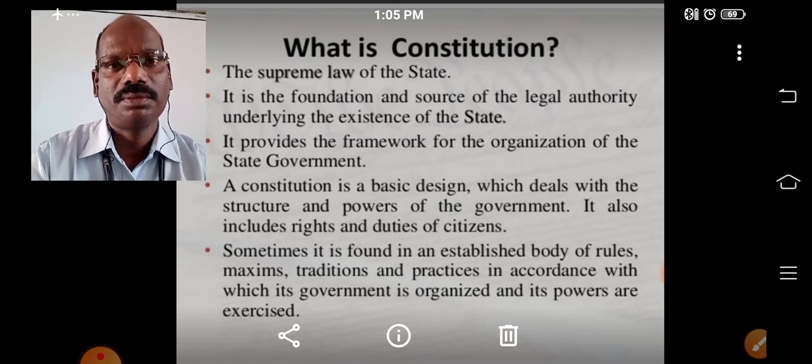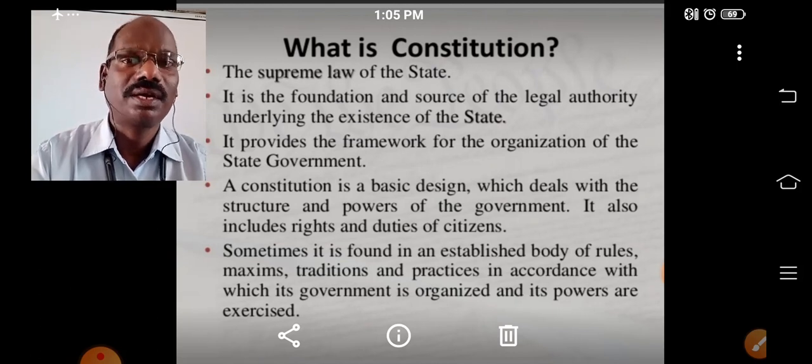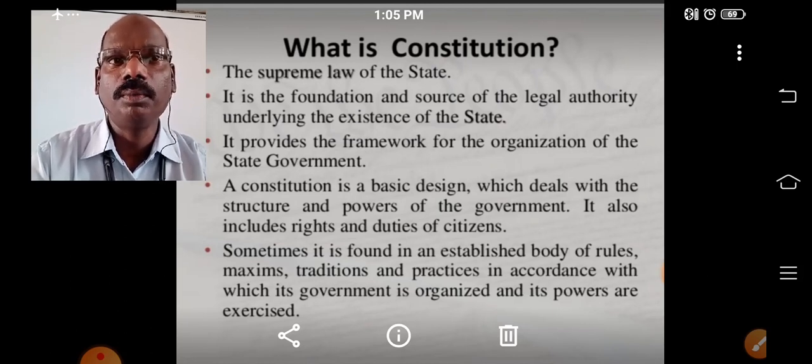These are all very clearly defined in a constitution. So any country can function as per its constitution, and we call the constitution the supreme law of any state.